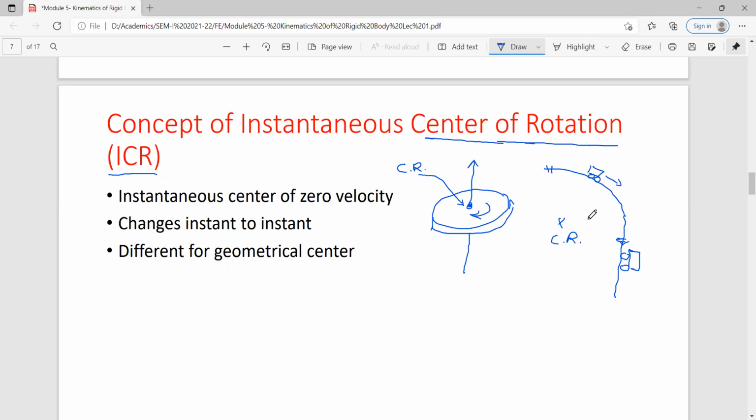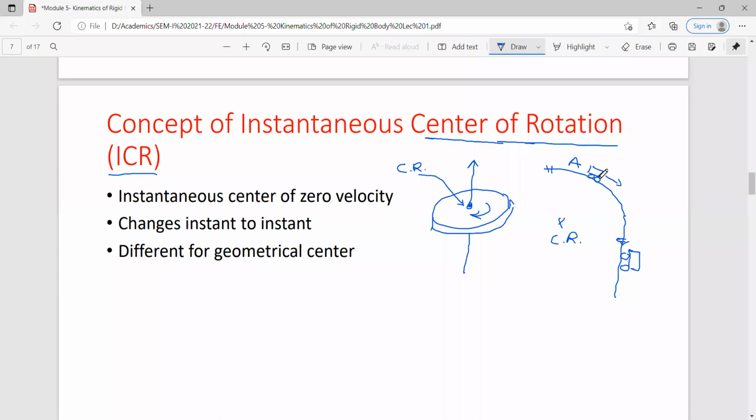What is your opinion? As long as the car is on this path A, a curved path, you can say that it is rotating about this center of rotation.